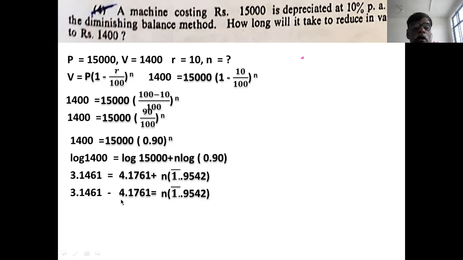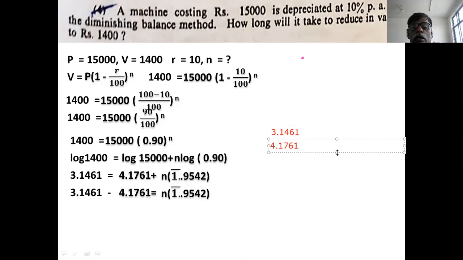How to deduct it? You see here. 3.1461 is the first value and the second value is 4.1761.